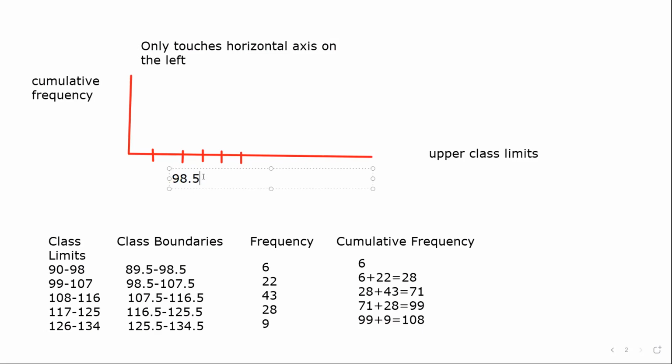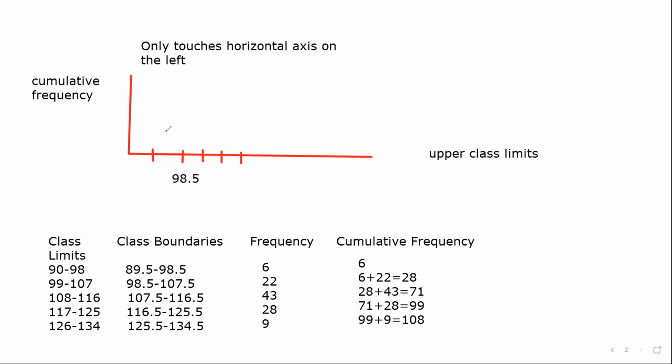And then I'm going to go to the next one. I need to give myself more room. This is not going to be enough room. Wait, don't you mean 89.5? I will have an 89.5 before that, but right now I'm using the upper. There will be one here. That's going to be the missing one, where it touches the axis.